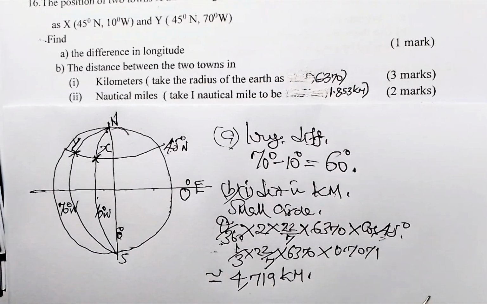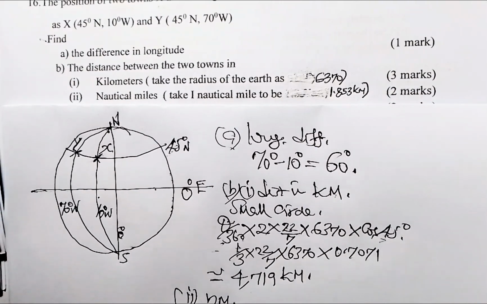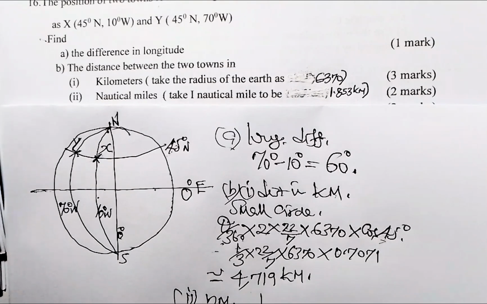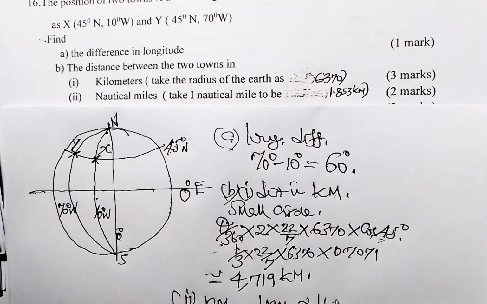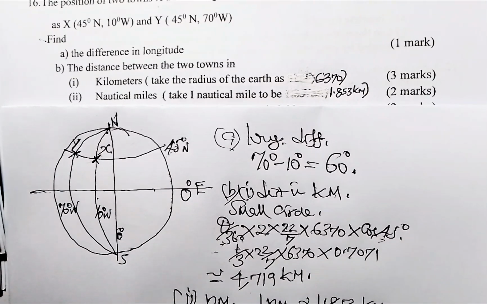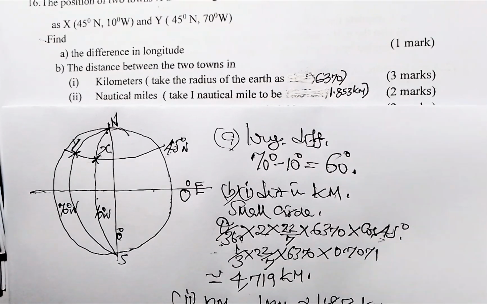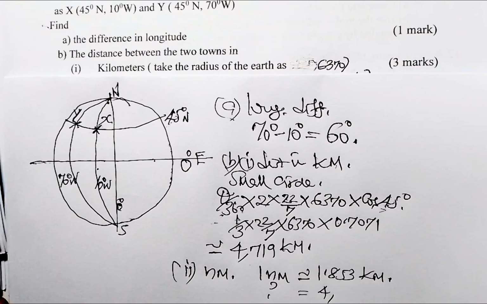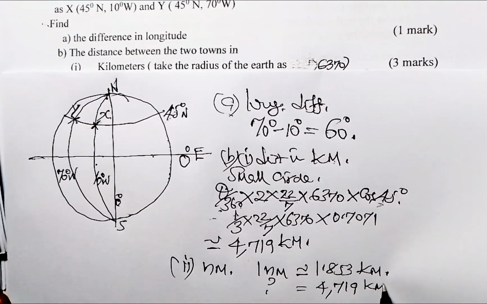And then in part 2, you're told to find the distance in nautical miles. You're told that 1 nautical mile is approximately equal to 1.853 kilometers. So how many nautical miles will be there in 4,719 kilometers?